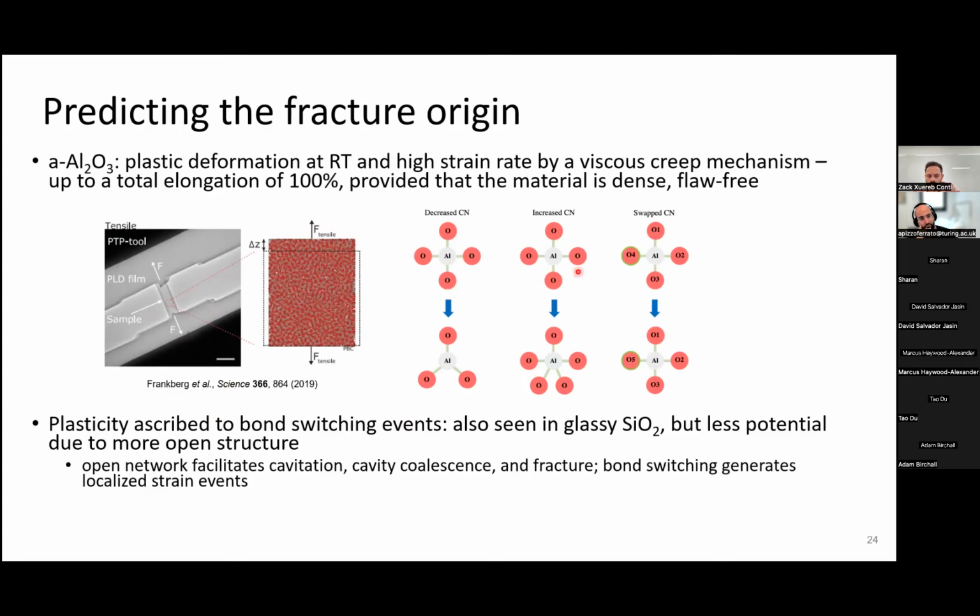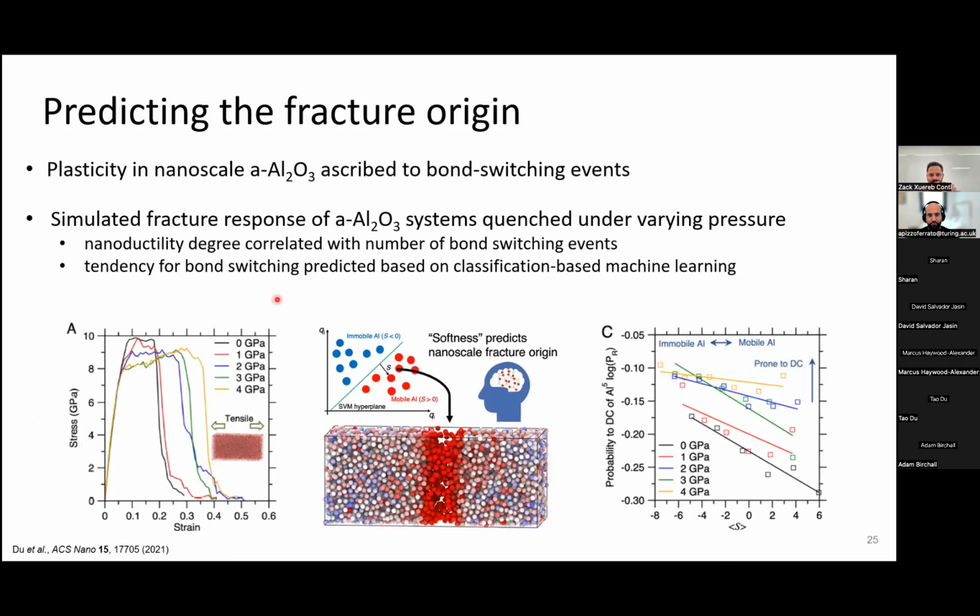They decrease it, increase it, or swap one of these neighbors. This is also something that had been seen a little bit in other systems. And then what we were looking at was to densify these structures, to try and understand when and how we can promote this bond switching, if this seems to be the important parameter.